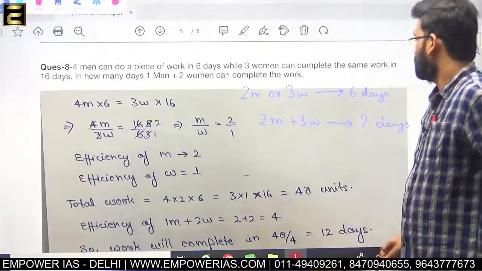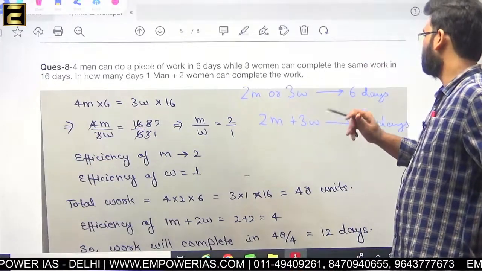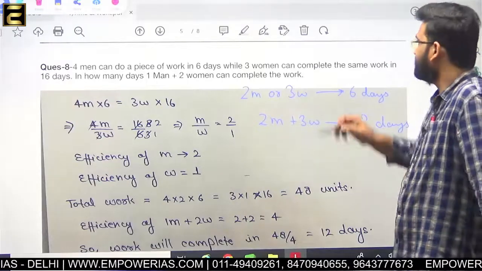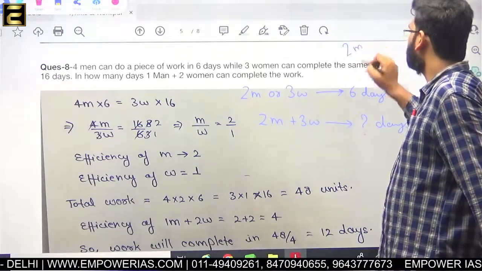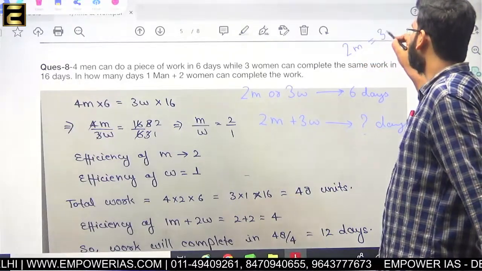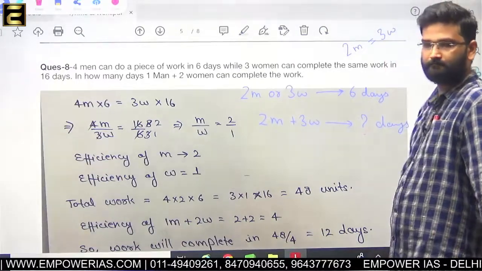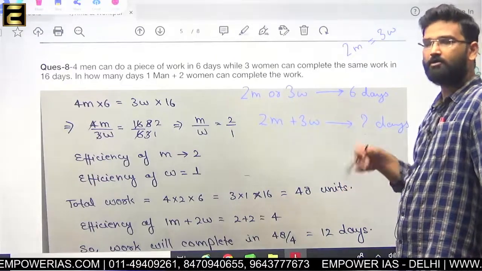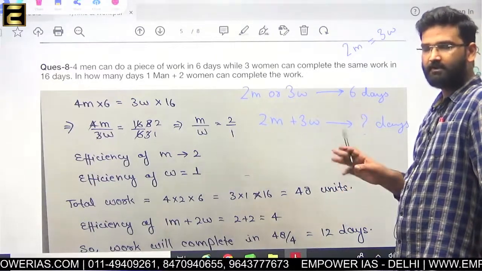See here, 2 men or 3 women can complete the work in 6 days.